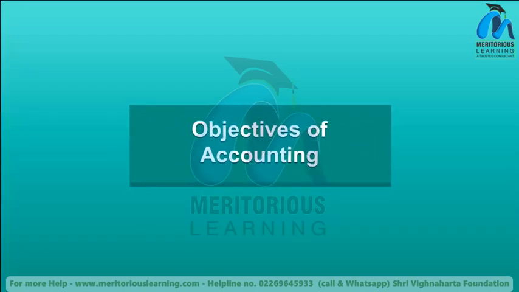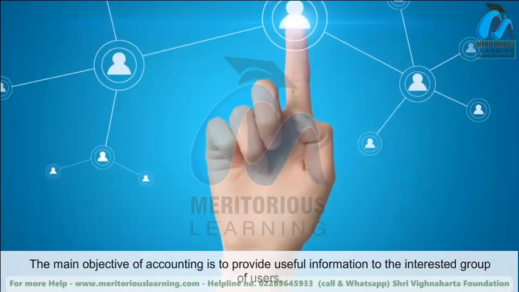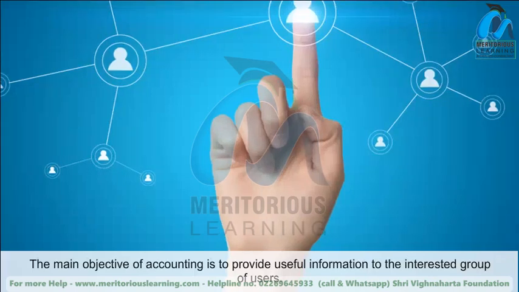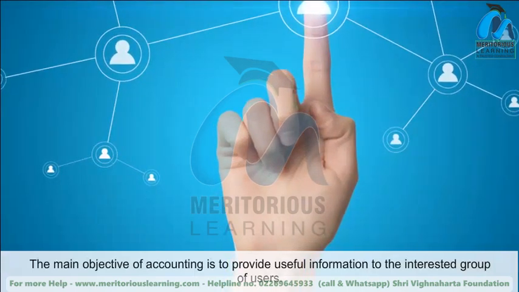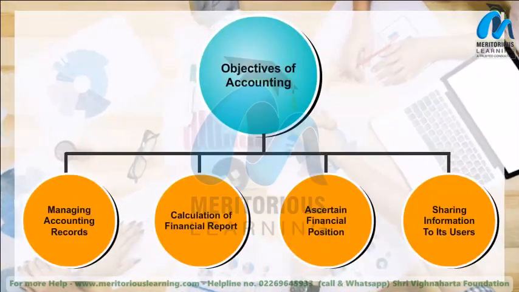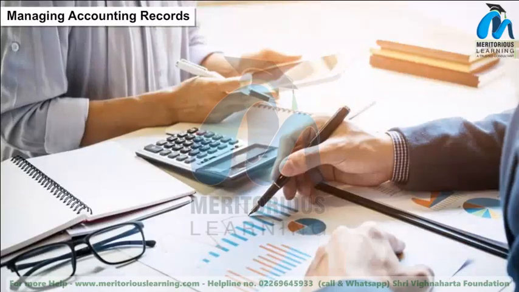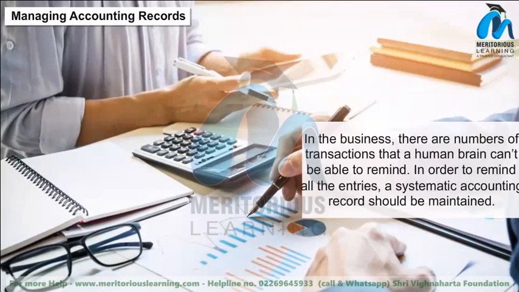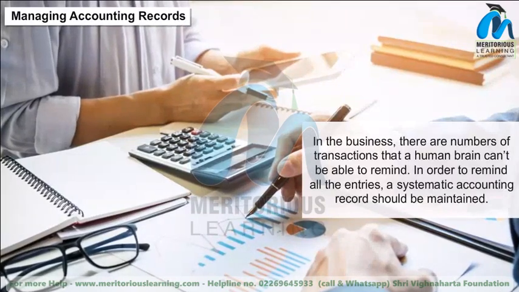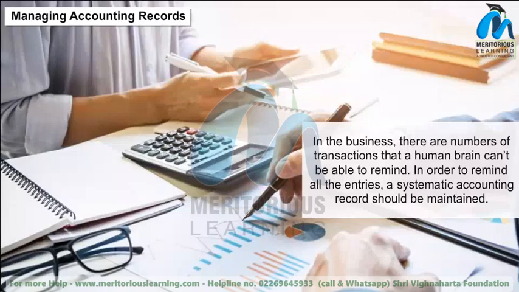Objectives of accounting. The main objective of accounting is to provide useful information to the interested group of users. Accounting objectives are classified into different sections. Managing accounting records. In the business, there are numbers of transactions that a human brain can't remember.